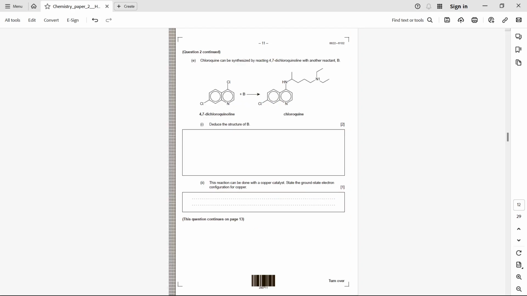For the next question, we need to draw the structure of B, and what we can see is we added this thing, right? So our B is going to be just this molecule, nothing special.